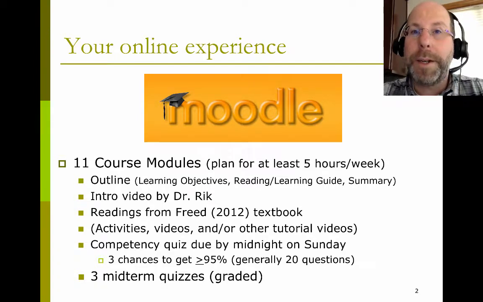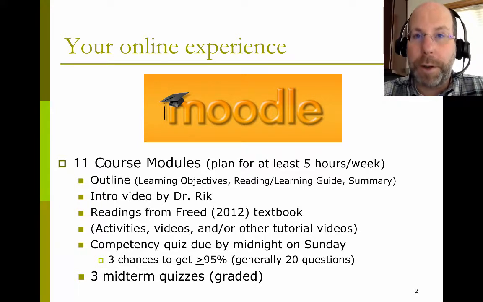If you do not make it to 95% by the 3rd try, you can expect to get an email from me and we will clarify your knowledge and understanding. But it's really about building your competency for each of these dysarthria types. In addition, throughout the summer semester, there will be 3 midterm quizzes, and that is where your grade will primarily come from.